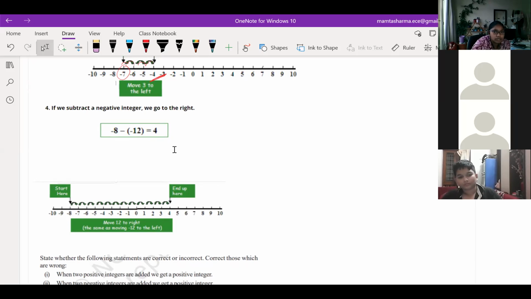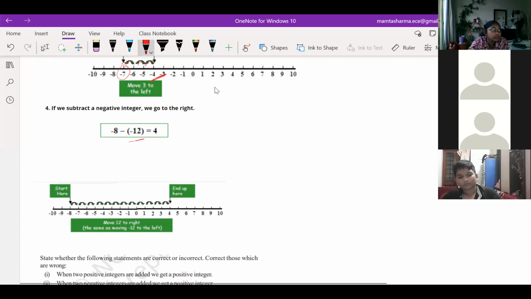Among negative integers, the higher numbers are on the left and the lower numbers are on the right. So in negative integers it is totally opposite to positive integers, and while subtracting, the directions will also be opposite. Okay.